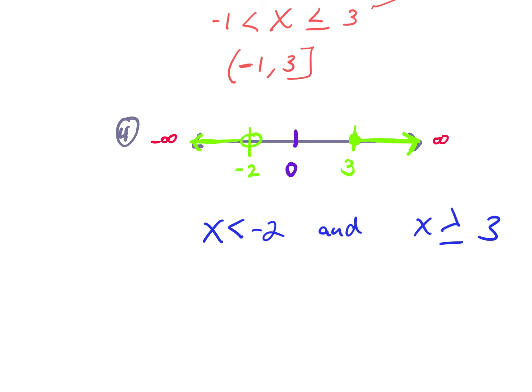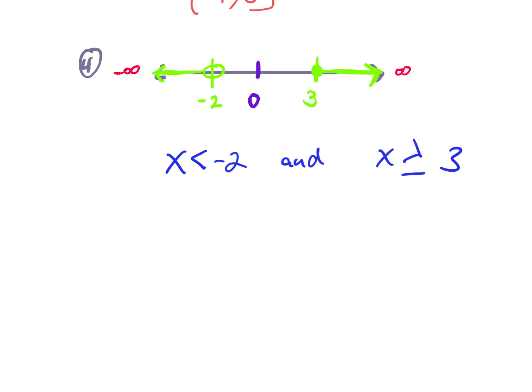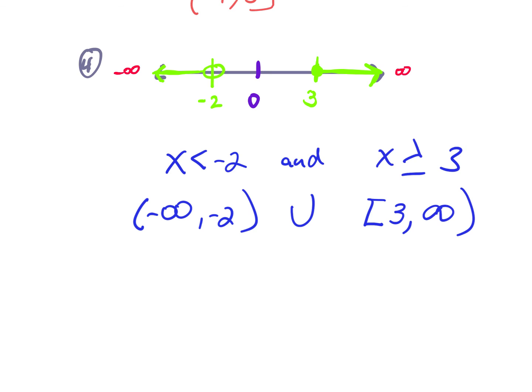That's okay. How would you write your notation? From left to right, I can use a parenthesis, negative infinity to negative 2 parenthesis. Then you can use a U, like and, union. Then what? Bracket 3 to positive infinity.